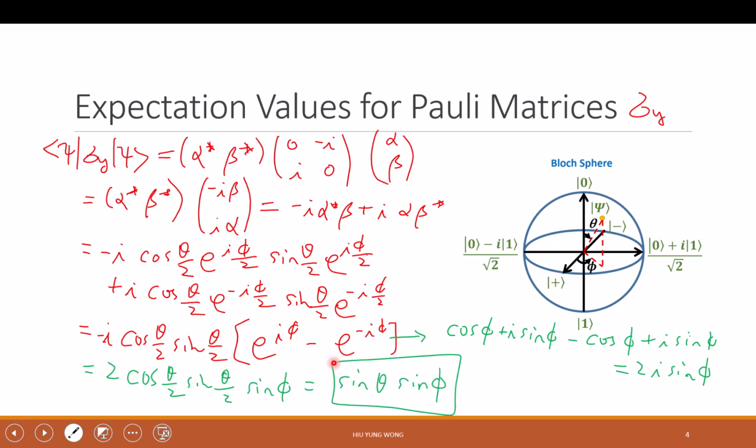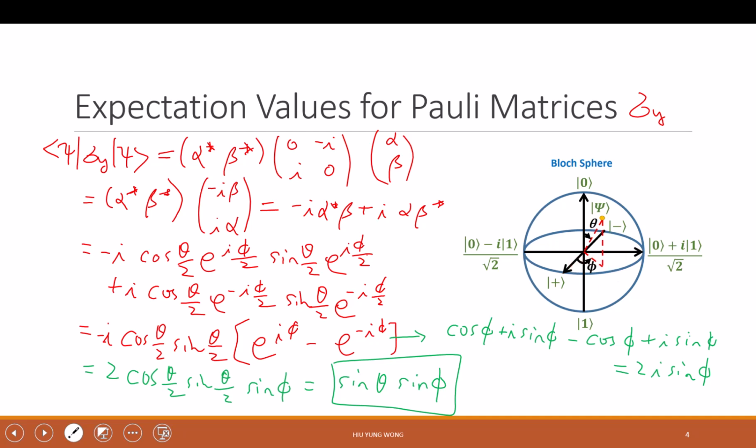Which makes sense, because it turned out that this is the projection on the y-axis. Because when you project onto the equatorial plane, it still uses sine theta, same as the sigma x case, right? But now you want to project to this axis, so instead of cosine phi, this time it is sine phi. Right?